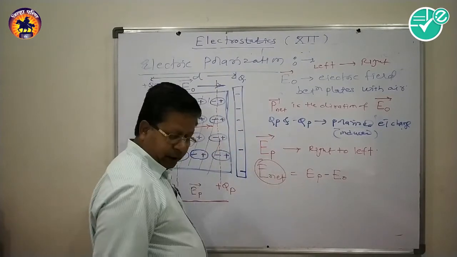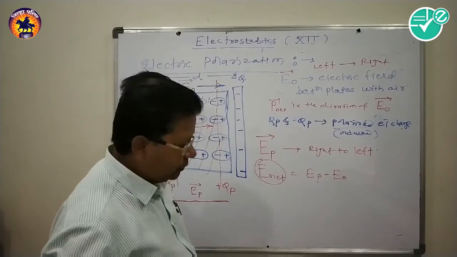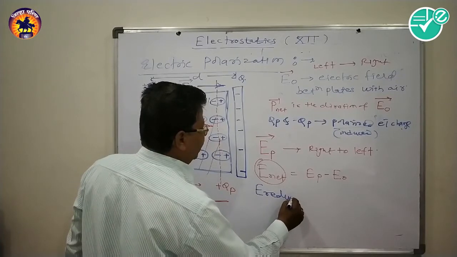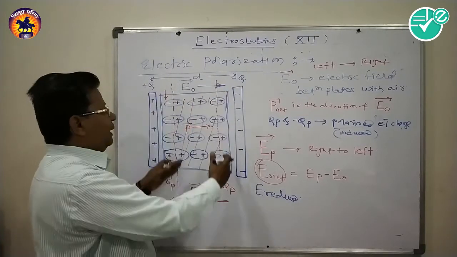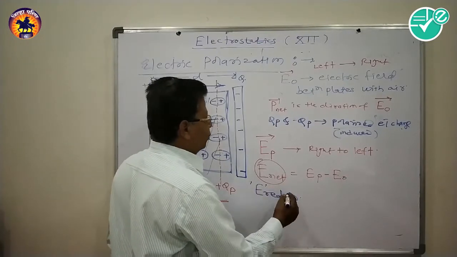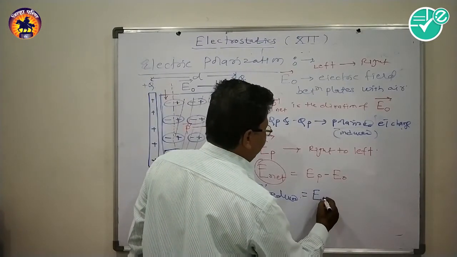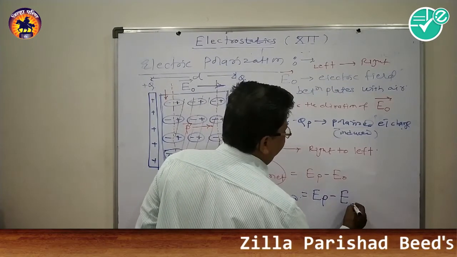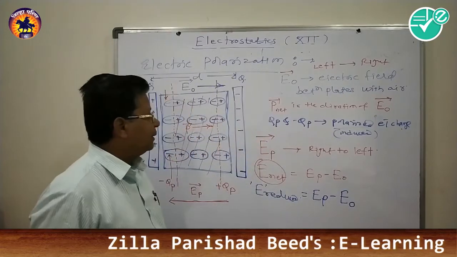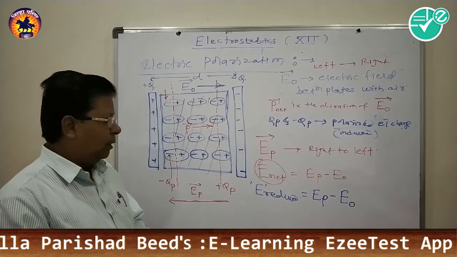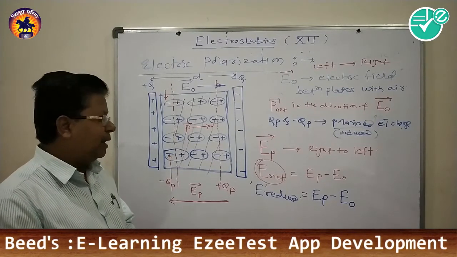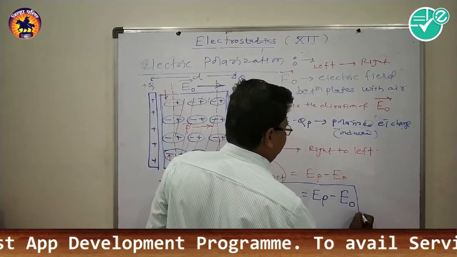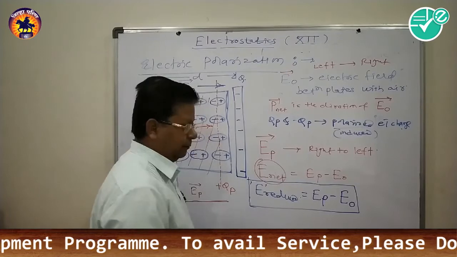This E net is also called E reduced. So the reduced electric field intensity when the dielectric is introduced, E reduced or E net, is equal to the electric field due to polarized charges minus the electric field in the absence of dielectric. So E reduced is equal to EP minus E0, and this formula we will use in our next article.